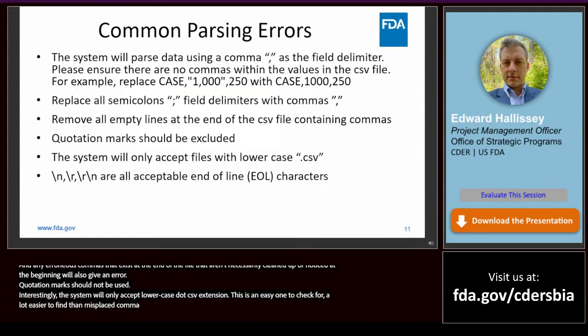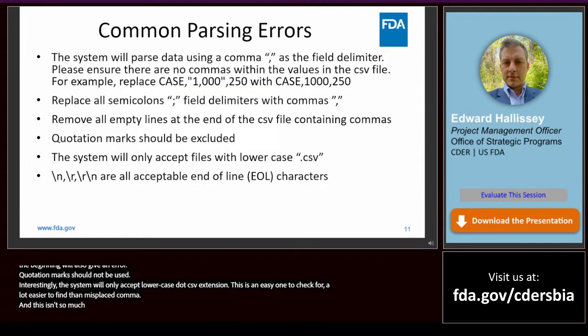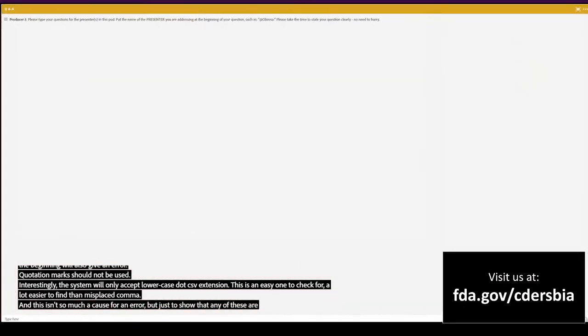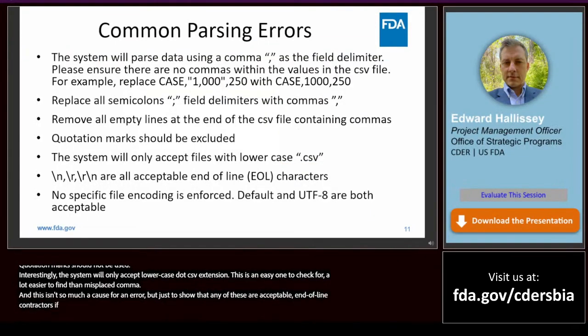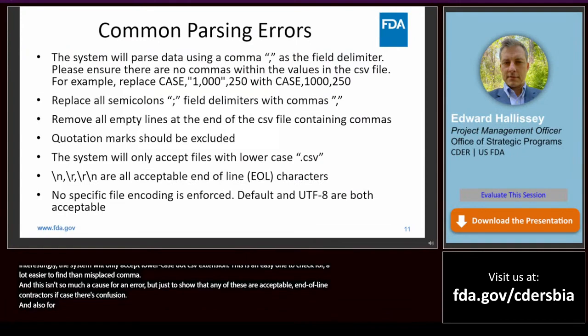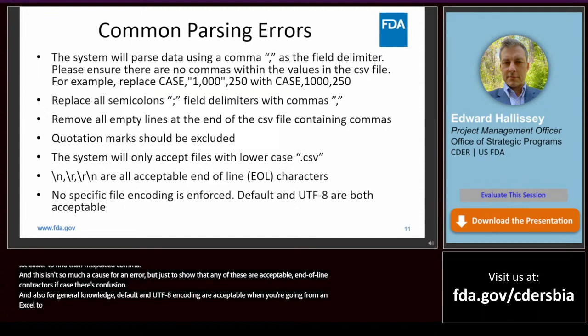And this isn't so much a cause for an error, but just to show that any of these are acceptable end-of-line characters, in case there's any confusion. And also for general knowledge, default encoding and UTF-8 encoding are acceptable when you're going from an Excel to an actual CSV file.